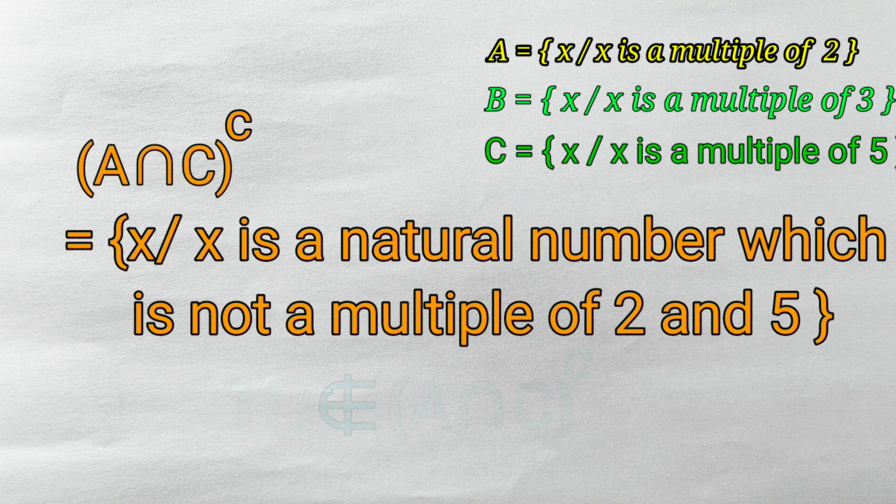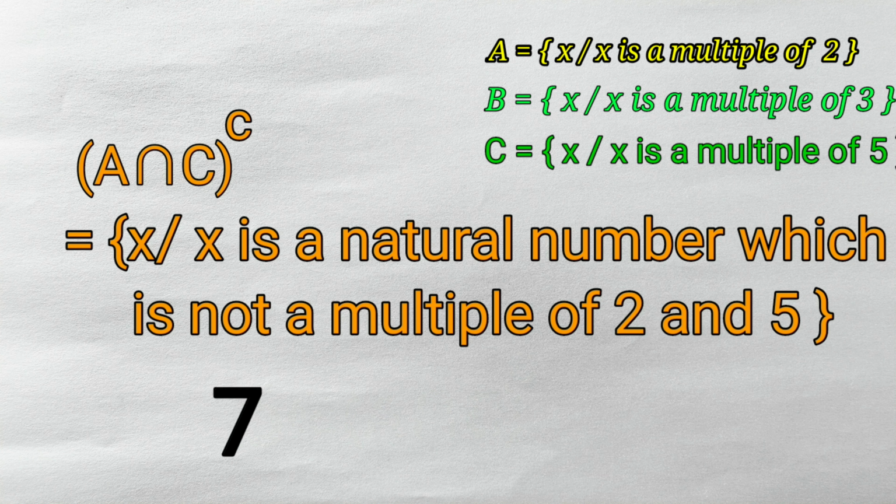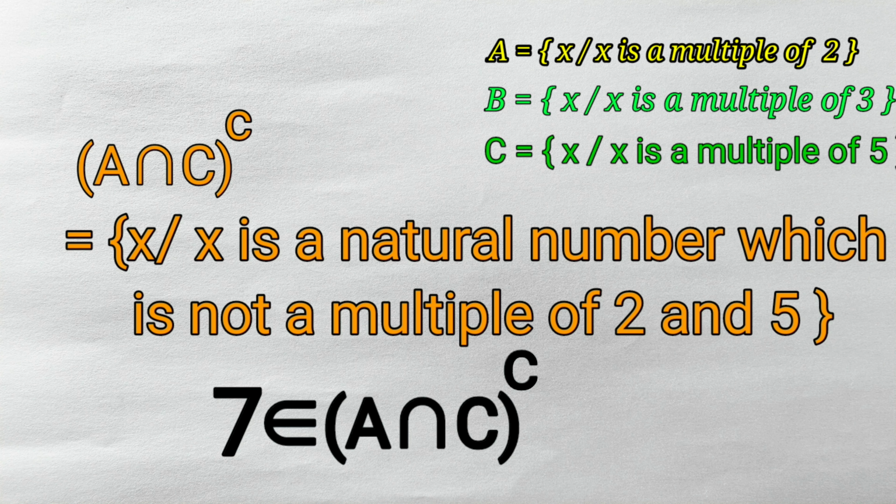If you take the number 6, it is a multiple of 2 but not 5. So 6 belongs to (A intersection C) whole complement. And also let us take one more number, 7. 7 is not a multiple of either 2 or 5. So the number 7 also belongs to (A intersection C) whole complement.